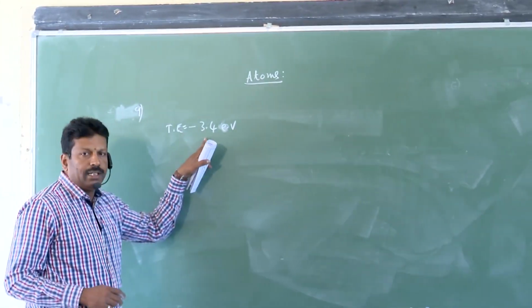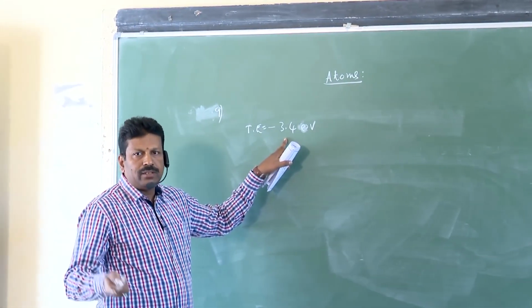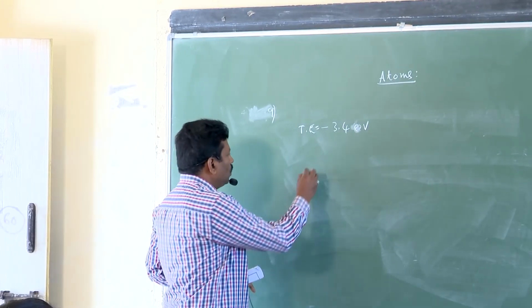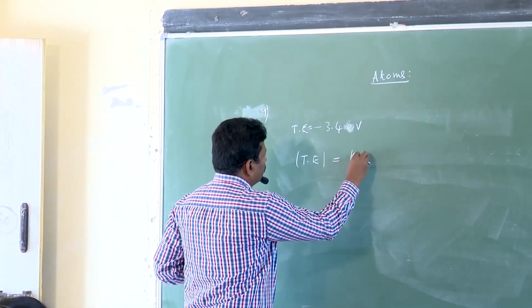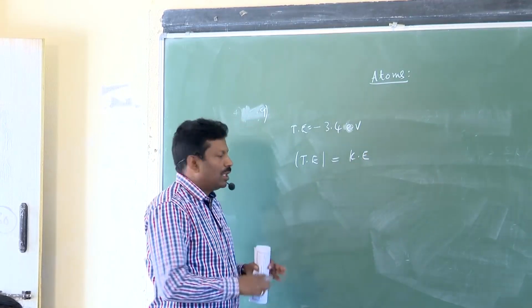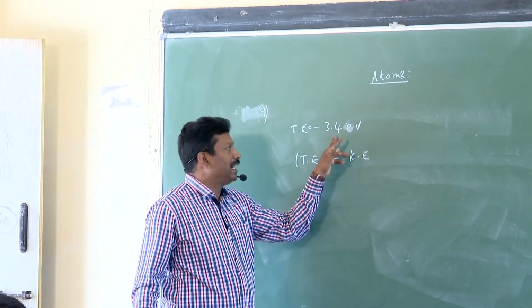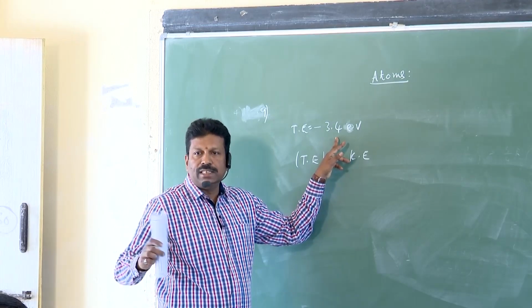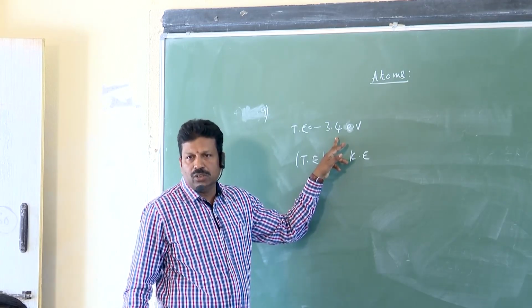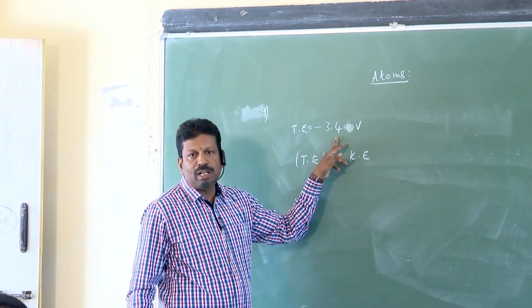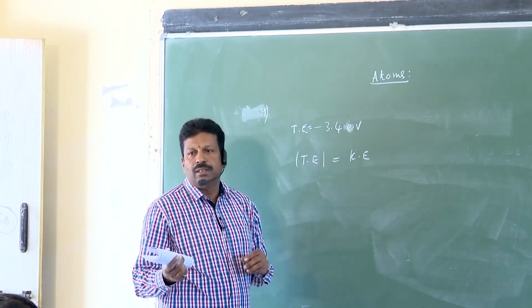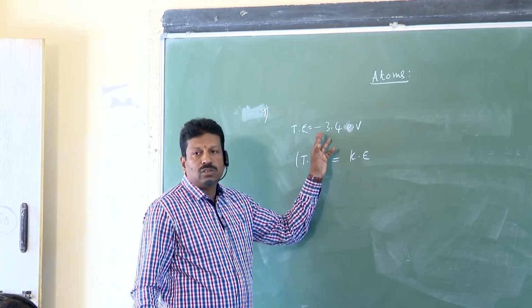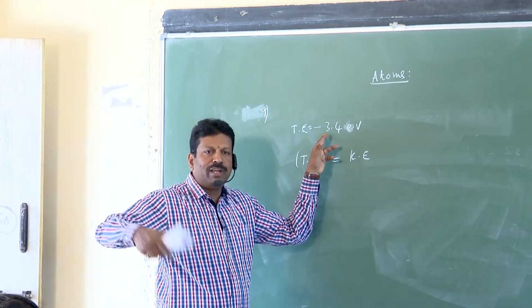So as you can see here, you might also know one more equation. The magnitude of total energy is equal to kinetic energy, correct? The magnitude, because the total energy is negative. Total energy is potential energy plus kinetic energy. Understood? Total energy is negative. Potential energy is due to electrostatic force between the electron and the nucleus, and the electron is revolving, that's kinetic energy.